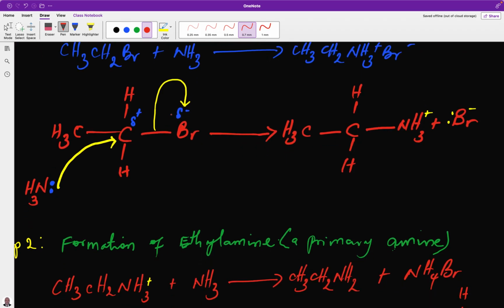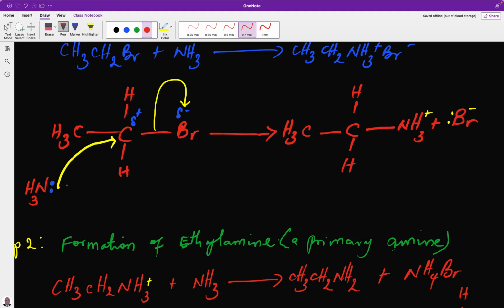As we said, polarity of the carbon-bromine bond. This is a primary halogenoalkane. Attack is from behind. When the nucleophile attacks from behind, electrons in the nucleophile repel the bonding electrons towards bromine. Heterolytic fission again. The bromine goes out as a bromide ion with a lone pair of electrons.